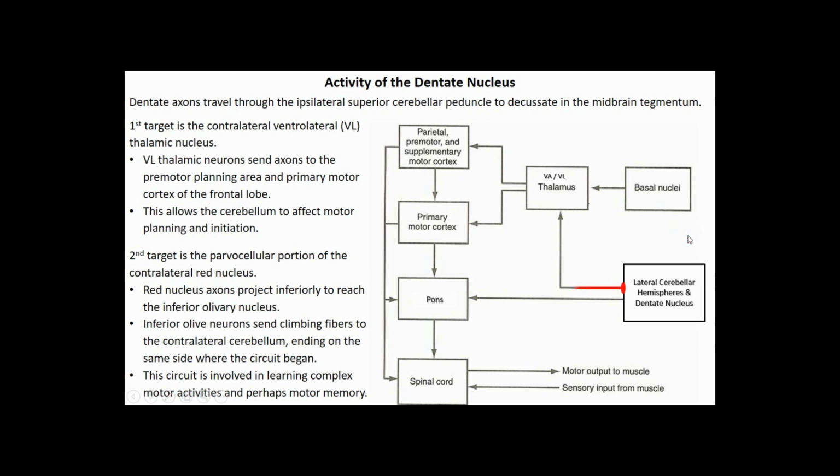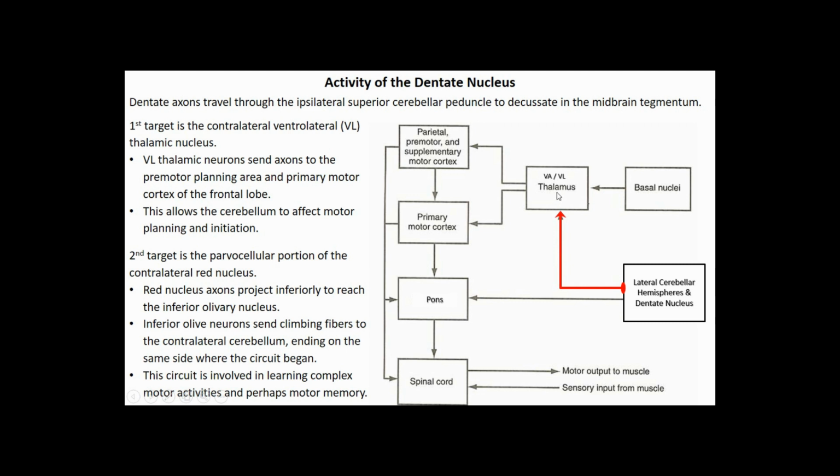To do that, the dentate axons travel to the ipsilateral, same side, superior cerebellar peduncle to get to the midbrain, and at that point they decussate, cross the midline, and get to the contralateral thalamus.